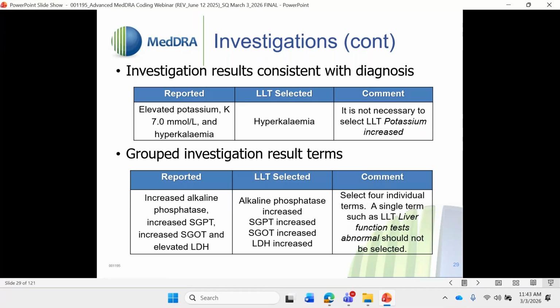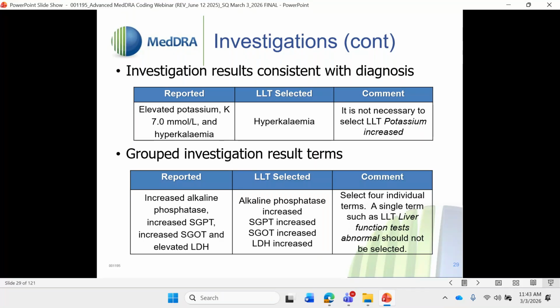I know that a normal potassium is somewhere between 3.5 to 5.5 millimoles per liter. And this one is above 5.5, the standard, 7, so it's accurate. It is elevated, and in hyperkalemia you will have that finding.